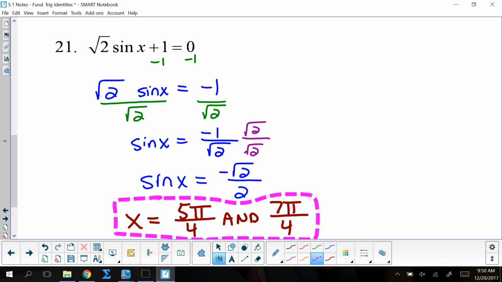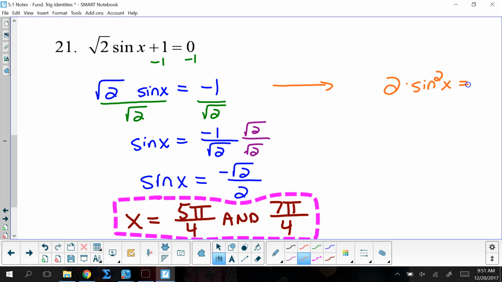Can you explain why you can't square both sides? So if I square both sides from this step, it would become 2 times sine squared of x equals positive 1. Divide both sides by 2. Gives me sine squared of x equals 1/2.